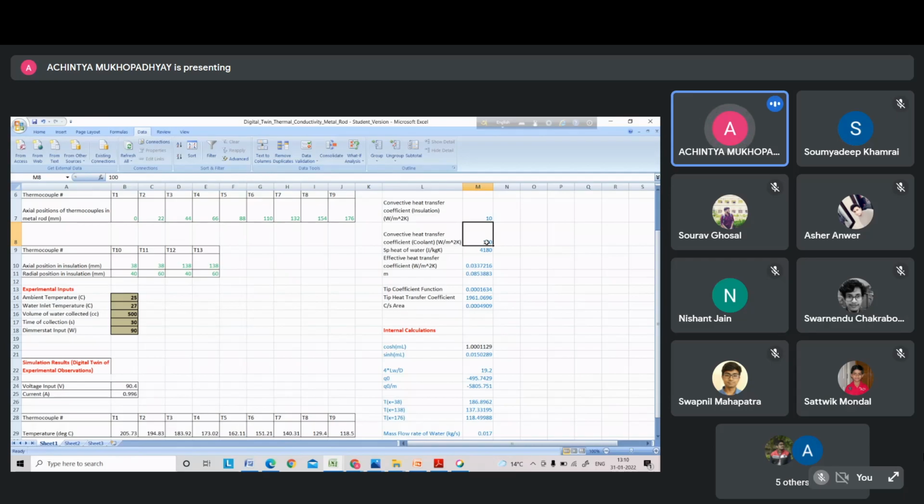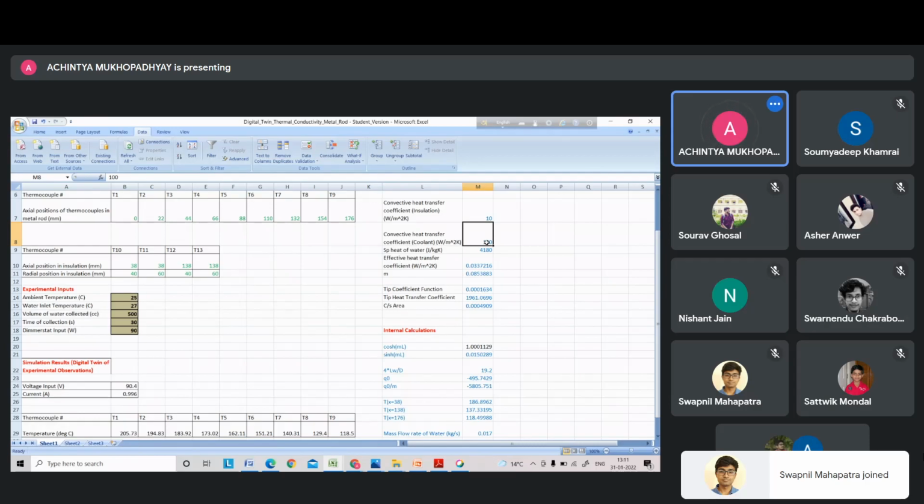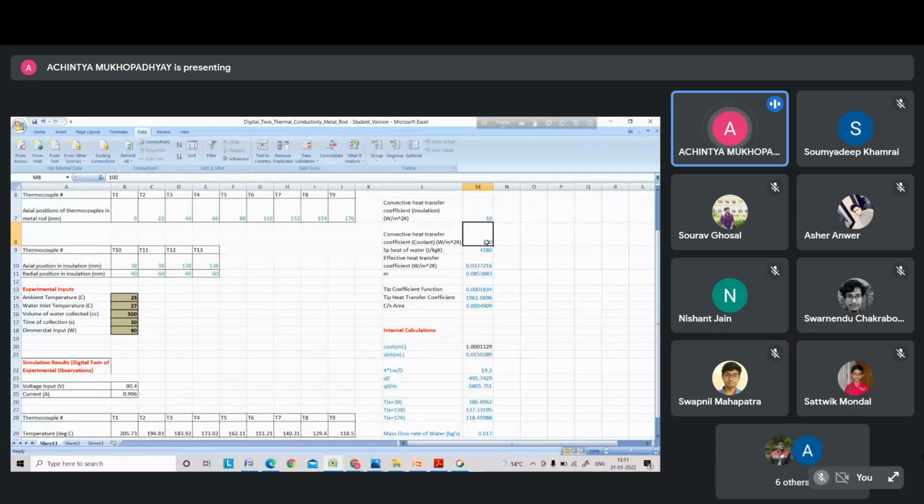Basically it would become 1 by h_f times the curved surface area of the rod, which should be equal to 1 by hA at the outer surface of the insulation plus the thermal resistance to conduction through it. That way I calculated an effective h, so that I could do a fin analysis. Okay. So this is how I did it.